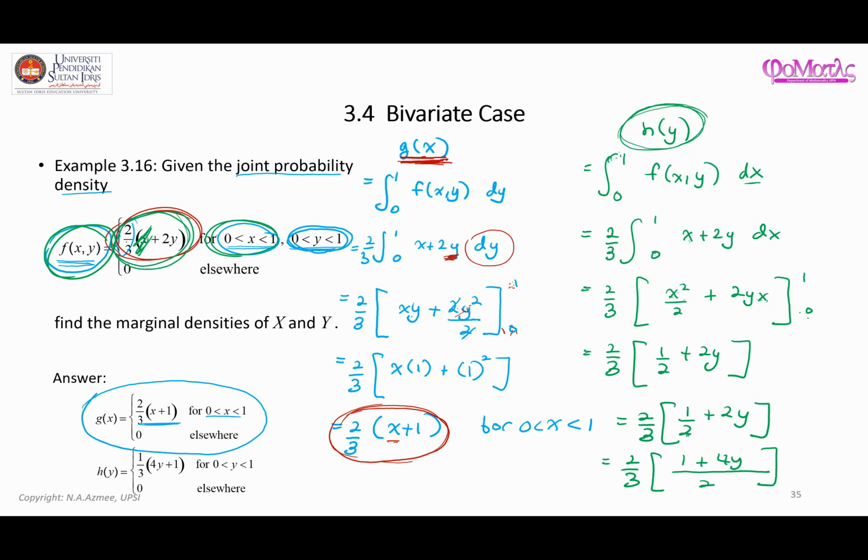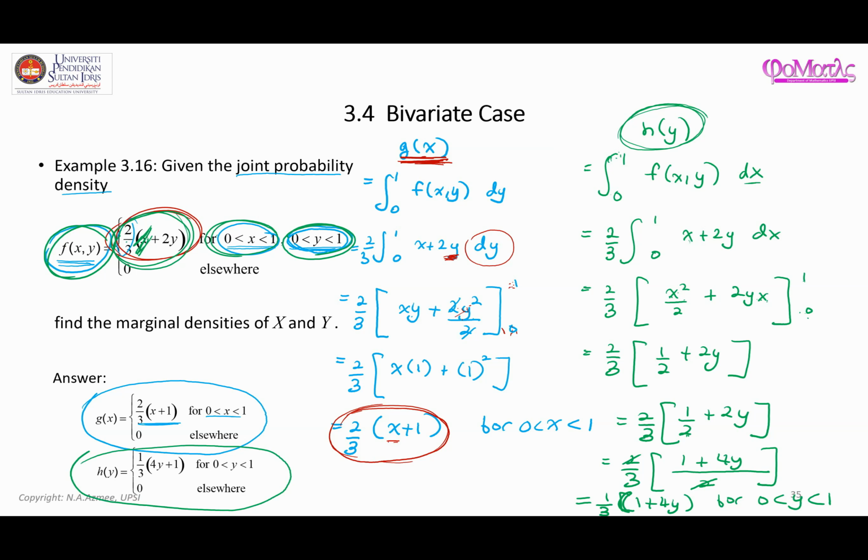Yep. And you can cancel out 2 and 2. And finally, you have 1 over 3 times (1 plus 4y). And this one is applicable for y between 0 and 1. So you can write down the final answer as such. Okay.